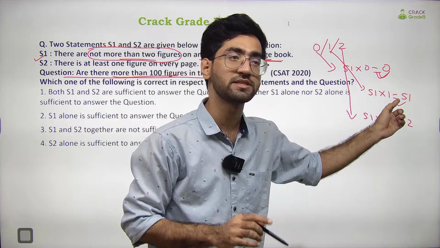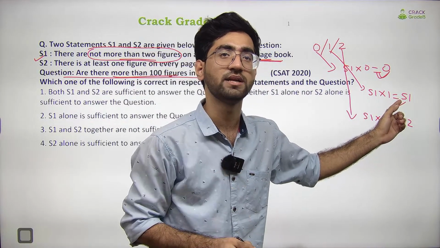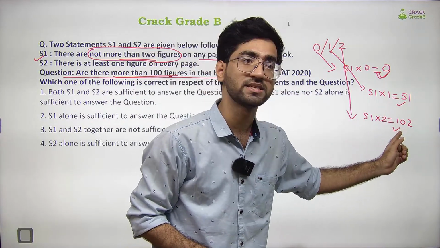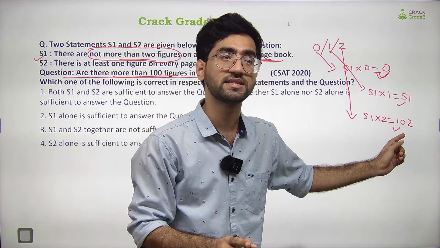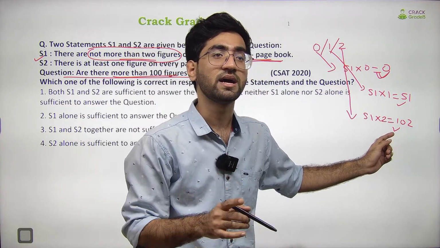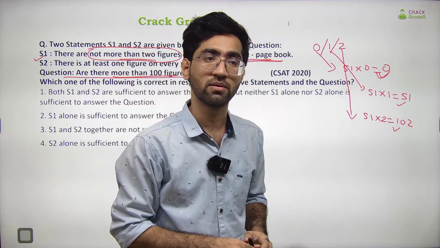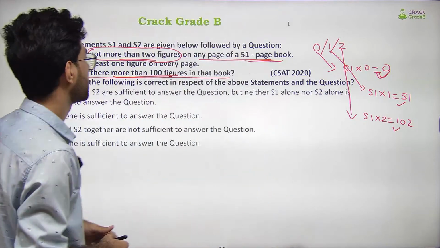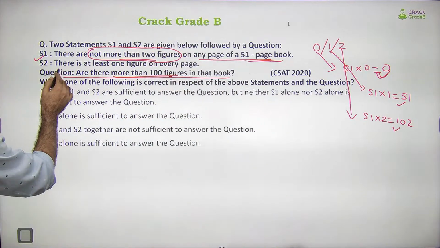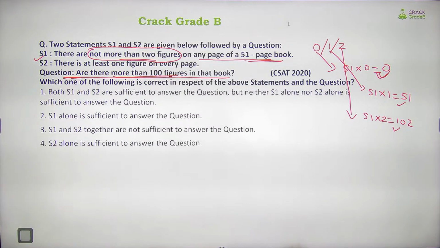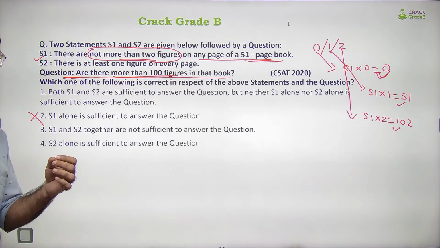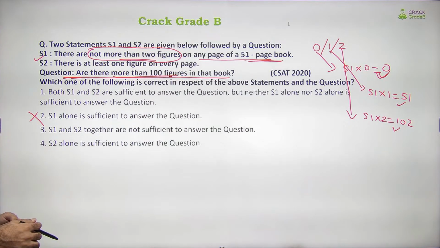But in this case you will have to answer yes, there are more than 100 figures in the book, right? So you can't answer this question by using statement 1 alone, right? So we will have to eliminate option 2. Statement 1 alone is not sufficient to answer the question, right?